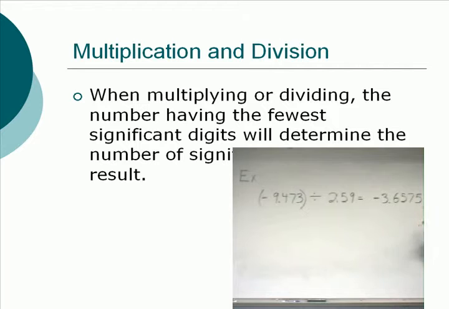Okay, now that's too many sig digs, right? Okay, well, we can only keep 3, which means we're going to have to cut it off right there. Follow typical rounding rule. What would be the correct quotient here? -3.66 would be the correct number of significant digits.